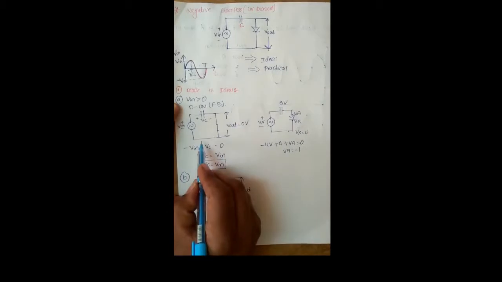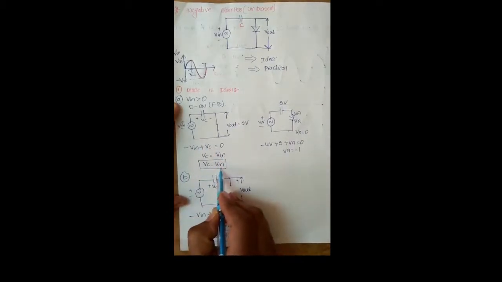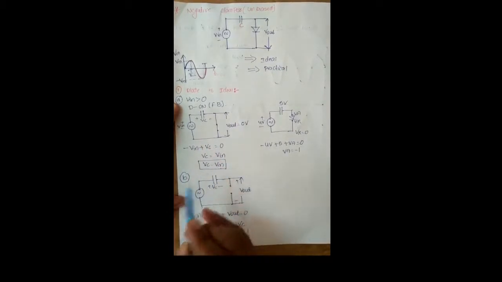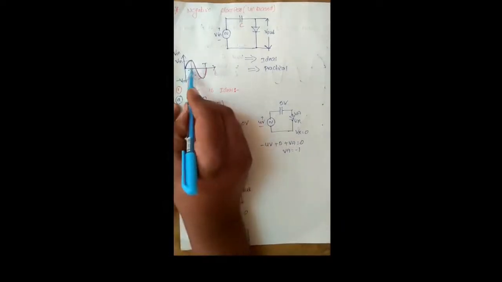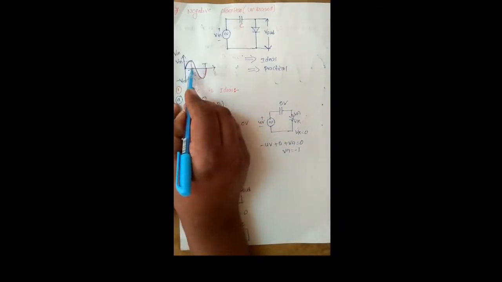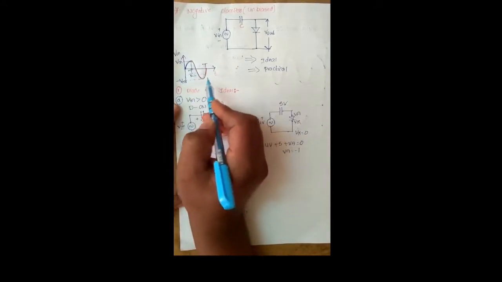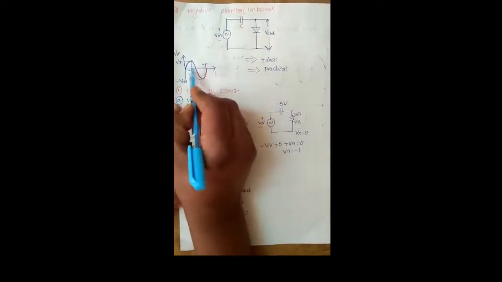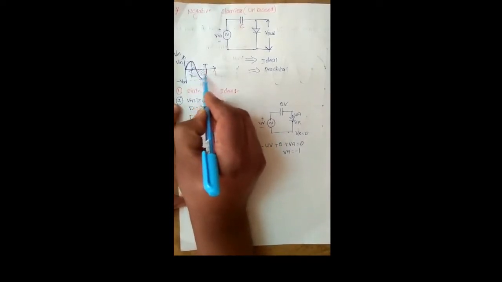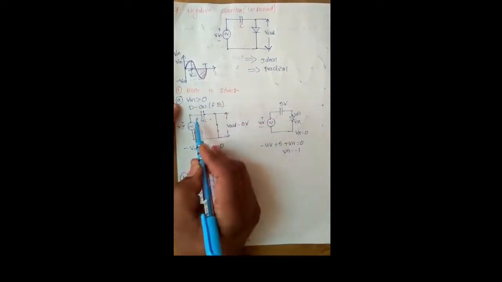Therefore, the capacitor voltage Vc equals Vm. After this instant, the diode operates in the reverse bias condition. It means that in this duration the diode is operating in the reverse bias condition.